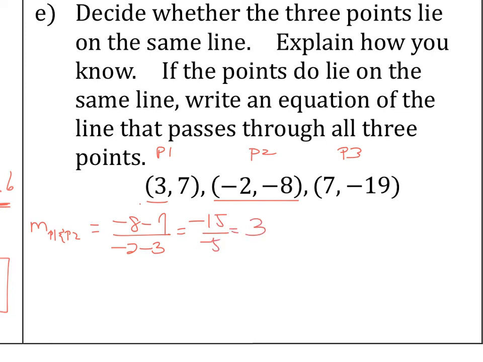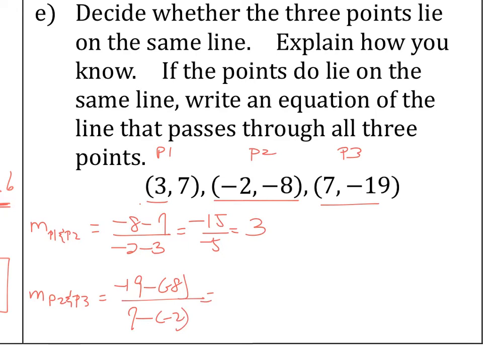Now I would like to find the slope between point 2 and point 3. So negative 19, subtract negative 8, over 7, subtract negative 2.